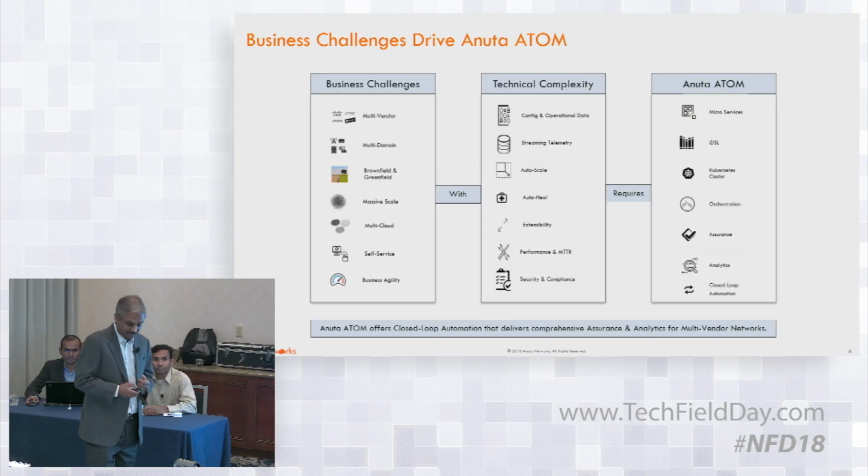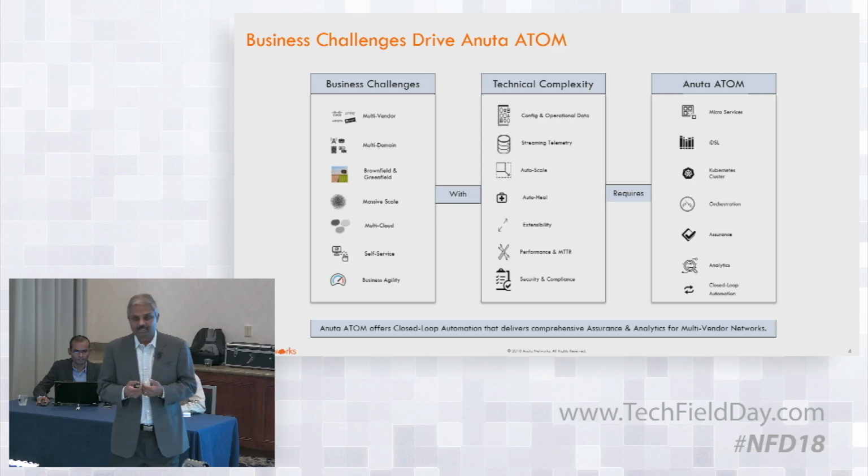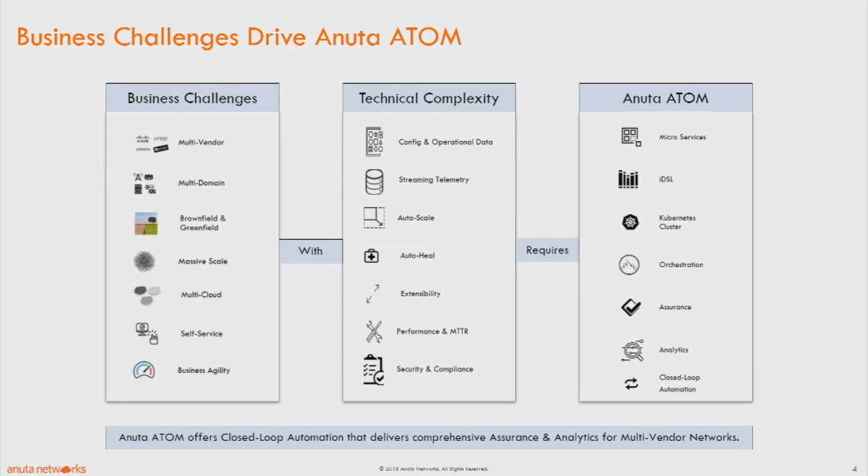Okay, so I really want to talk about the business challenges for the customers. When you talk to the large enterprises and service provider customers, they have different networking domains. If you look at any large financial bank or service provider, they have thousands of branches, hundreds of campuses, MPLS backbone networks, and mobile packet core.